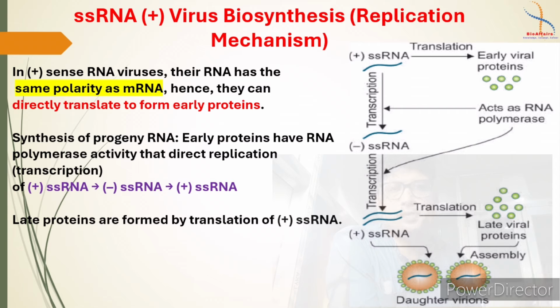It is the real copy of the gene. Because we know that in case of DNA, suppose this is a double-stranded DNA, ATCG is present, then the opposite will be TAGC, right? So in case of positive sense RNA, suppose there is AUCG, which is required for specific protein synthesis.